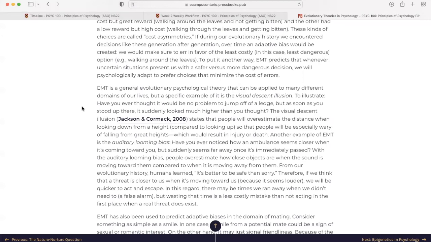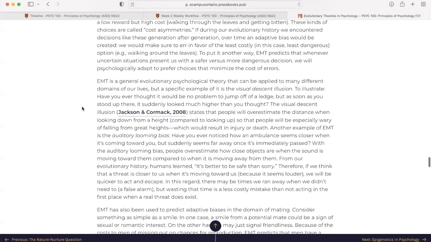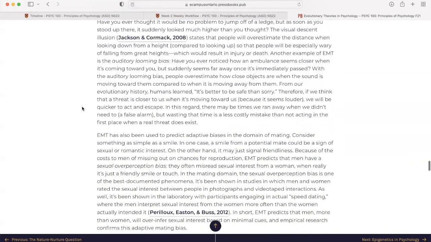Another example of EMT is the auditory looming bias. Have you ever noticed how an ambulance seems closer when it's coming towards you, but suddenly seems far away once it's passed? With the auditory looming bias, people overestimate how close objects are when the sound is moving towards them compared to when it's moving away from them. From our evolutionary history, humans learned it's better to be safe than sorry.